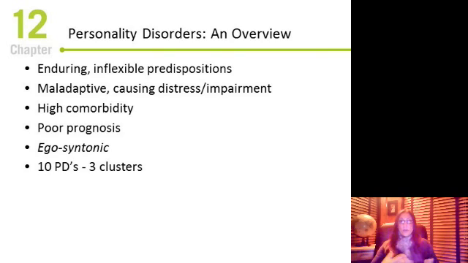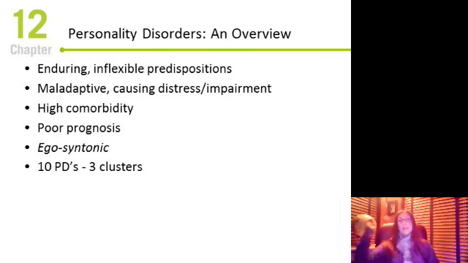Personality disorders are enduring, inflexible predispositions. They're maladaptive, and they cause distress or impairment, just like all the rest of the disorders we talk about. There's a high comorbidity rate with personality disorders. As we've discussed in class, people who are diagnosed with depression often also have a diagnosis of anxiety.